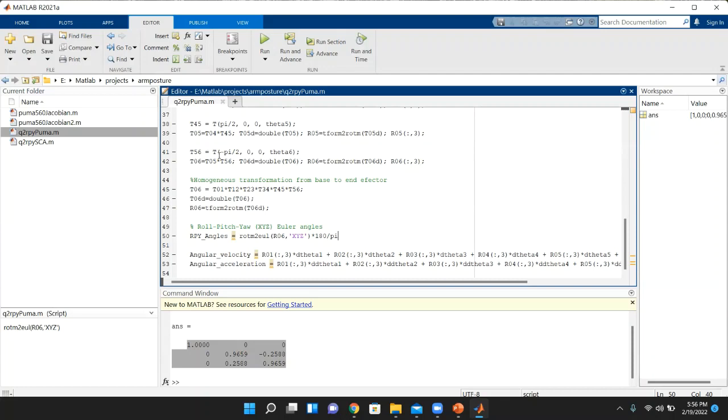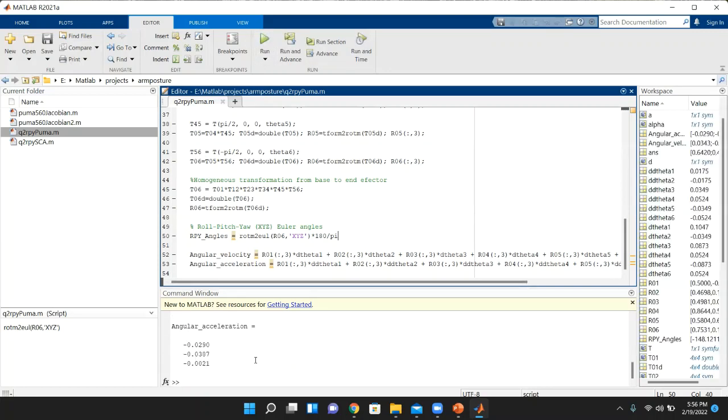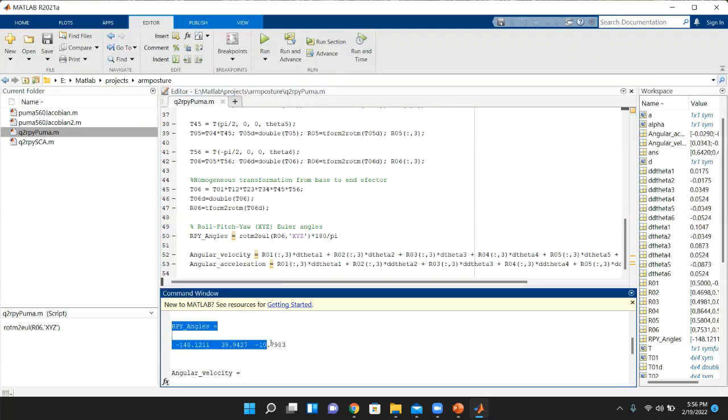So if I run this program, you can see RPY angles are generated like this. The first angle, which is around x-axis, is 148 minus, and around y-axis, the second one, is like 40 degrees and then minus 10 degrees.